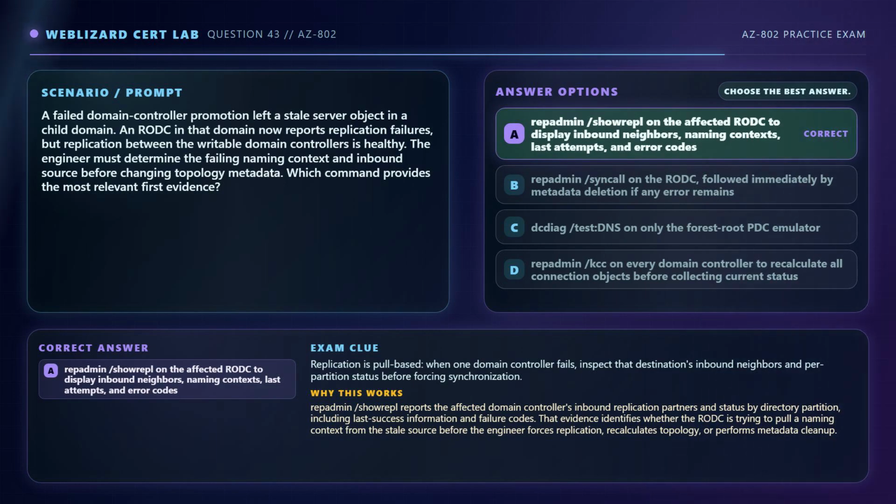That evidence identifies whether the RODC is trying to pull a naming context from the stale source before the engineer forces replication, recalculates topology, or performs metadata cleanup. Replication is pull-based. When one domain controller fails, inspect that destination's inbound neighbors and per partition status before forcing synchronization.